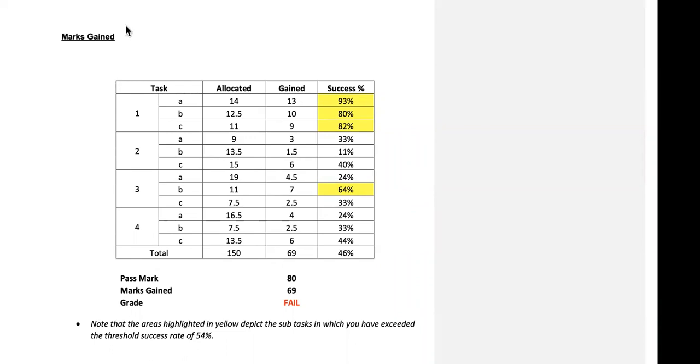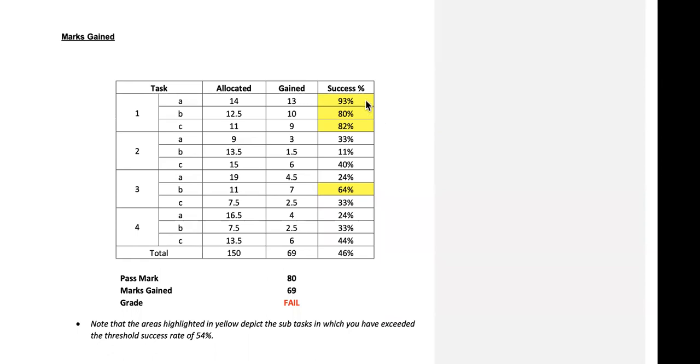If you look at this feedback, this student had only gotten 69 marks, thereby failing this mock exam. And you can also see something called the success rate. The success rate determines how well a student has addressed the needs of each and every subtask. If you look at this student's answer script, this individual had attempted task number 1 extremely well.